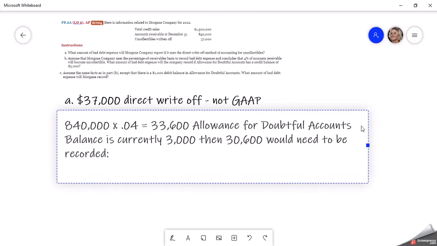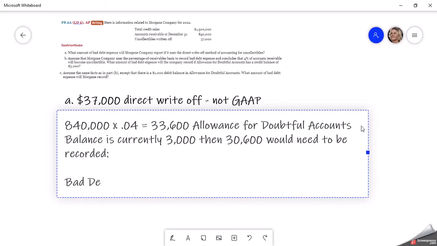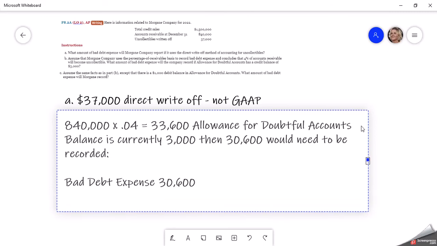And then our entry would be bad debt expense for $30,600, and then we would credit the allowance for doubtful accounts for $30,600.